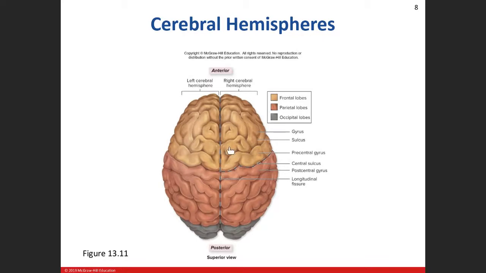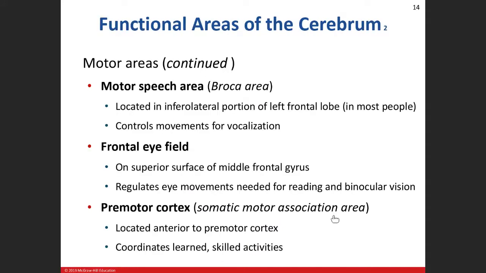This is where you store certain muscle memory skills and activities, like playing the piano, playing the guitar, doing certain refined, specific activities. That information is stored in the area just in front of the motor cortex.